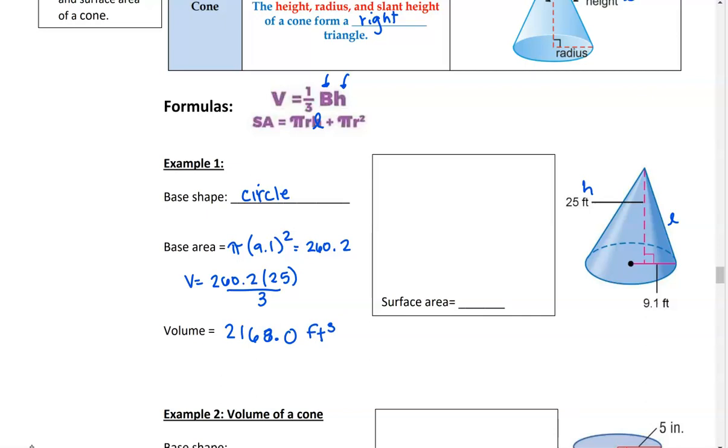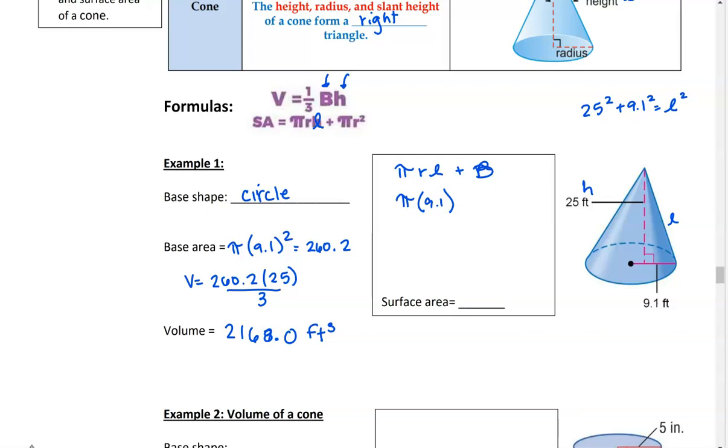Now, surface area is pi times the radius times the slant height plus pi r squared, which is just the area of the base, which we've already found. So pi times 9.1. We don't have our slant height here, but we can find it. It is the hypotenuse: 25 squared plus 9.1 squared equals the slant height squared.